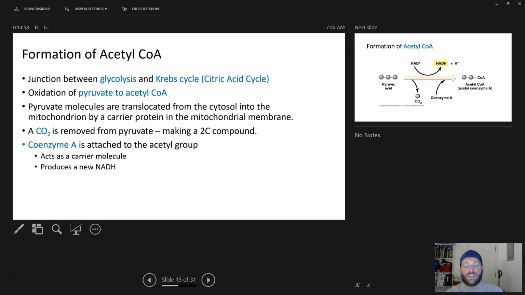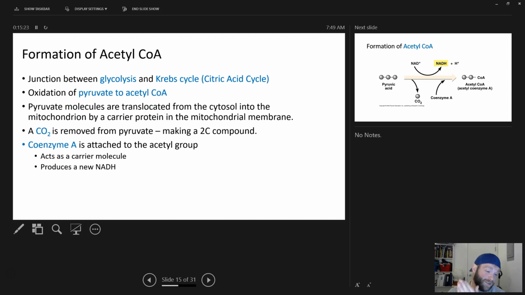Okay. And this junction occurs between glycolysis and the Krebs cycle, or the citric acid cycle. What happens is we actually use oxygen to oxidize pyruvate and add onto it a coenzyme. This coenzyme essentially takes that molecule and breaks it into a smaller piece. We get a little bit of energy from it in the form of NADH, and we generate our first carbon dioxide molecule.